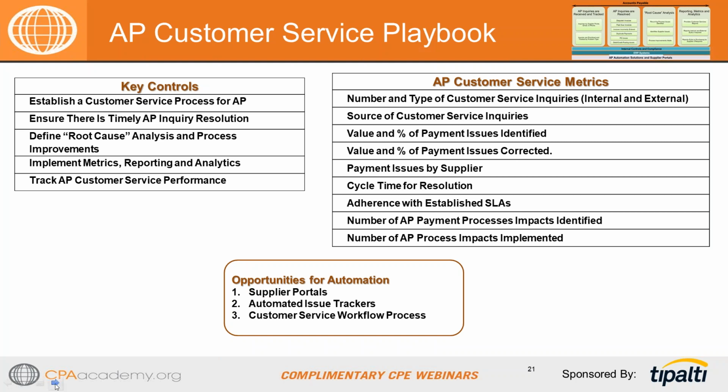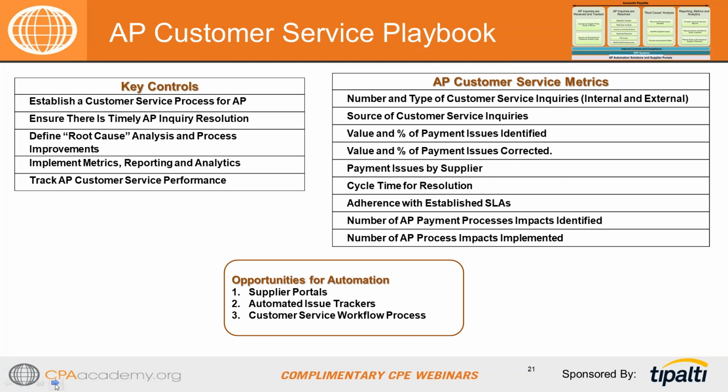And typically the metrics to track within customer service: the number and type of customer service inquiries, whether internal or external, the source of inquiries, value of payment issues identified and corrected, payment issues by supplier, cycle time for resolution, adherence with established service level agreements, number of payment process issues identified, and the number of process impacts implemented. So how did you change your process so you wouldn't have so many customer service problems?